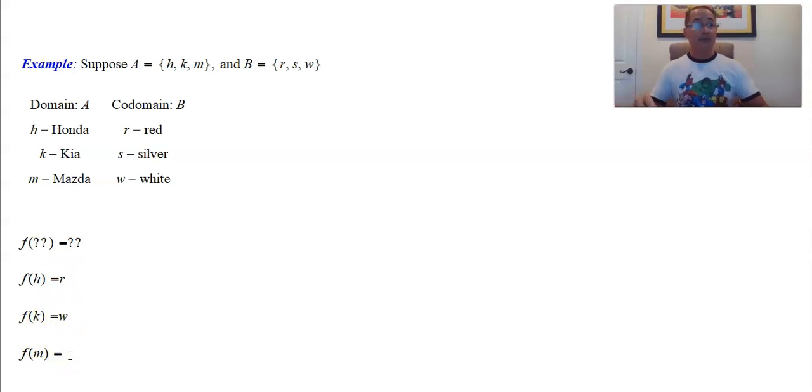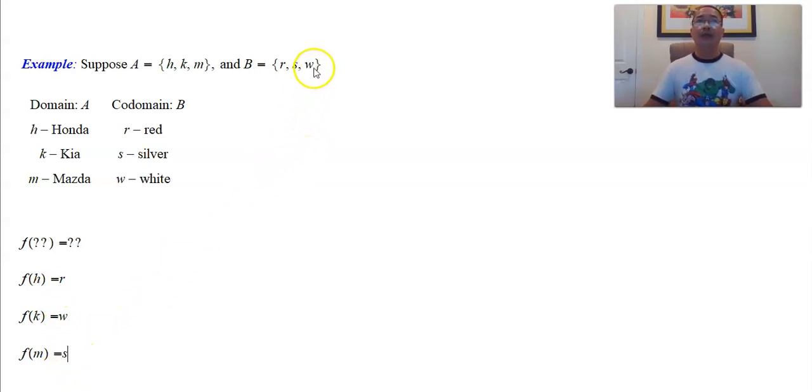So it has to be silver if you want a one-to-one function. Now notice that something else happened. Because we only have 3 possible letters for the codomain, each and every one of them also appears. So not only is this function one-to-one, but as a bonus, it is also onto.